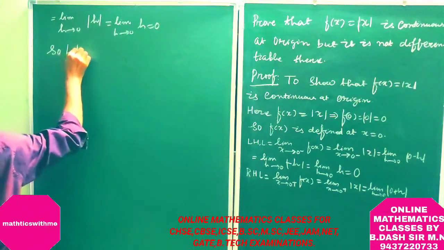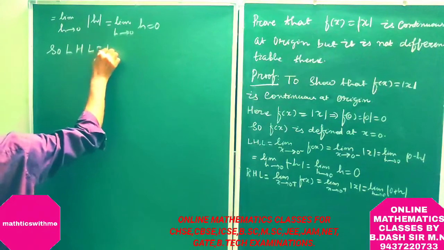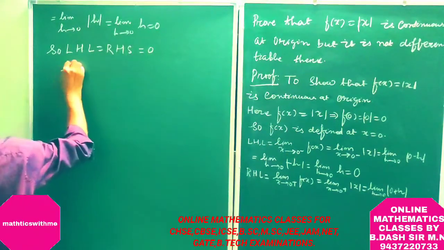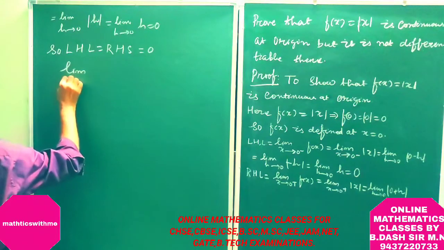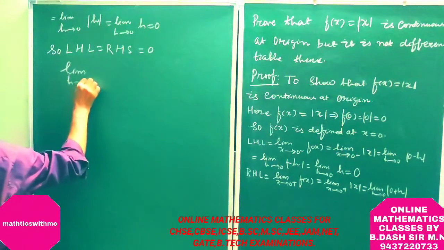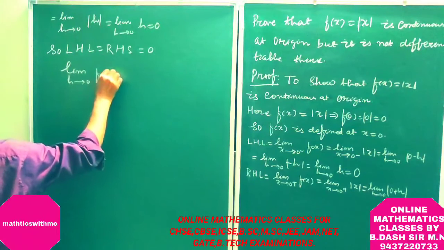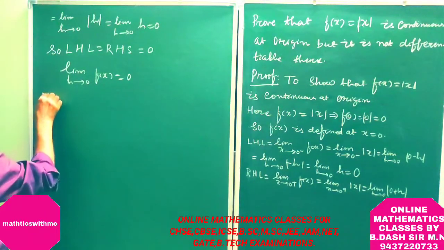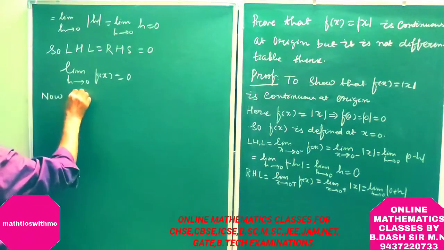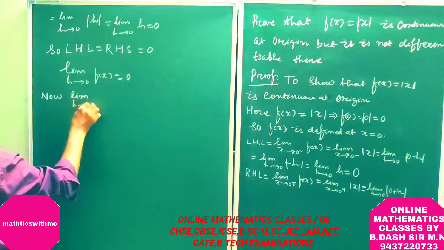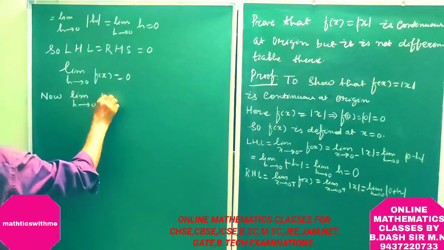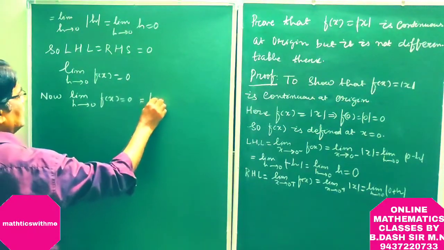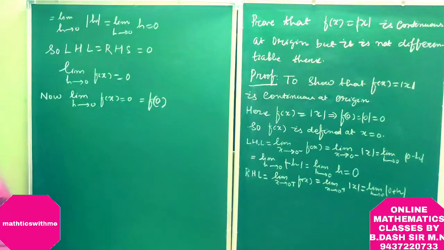So left hand limit is equal to right hand limit, which is equal to 0. That means limit as x tends to 0 of f(x) is equal to 0. Now the limit as x tends to 0 of f(x) is equal to 0, which is equal to f(0).